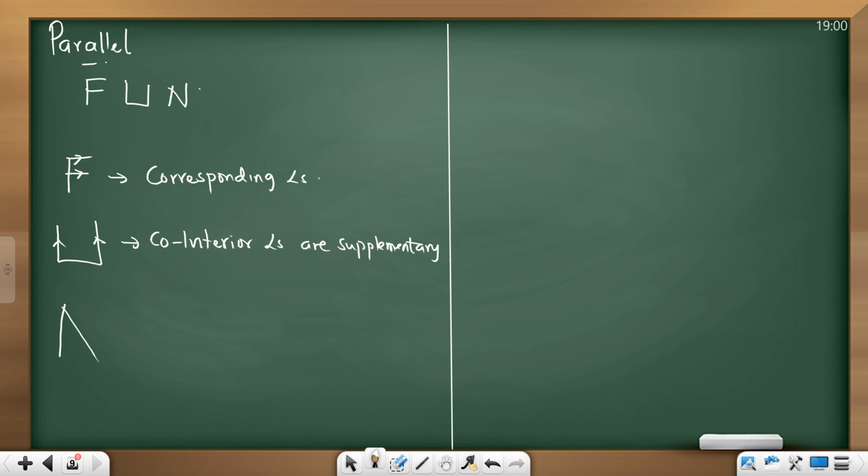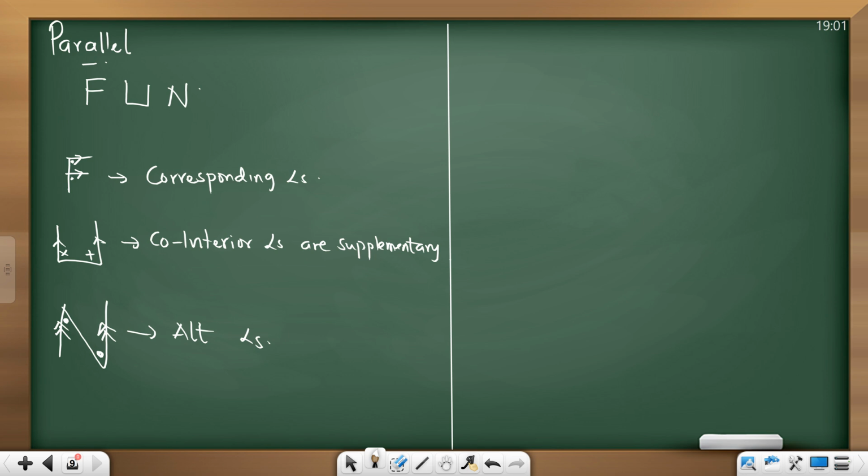And the last one? Alternate angles. Remember, your alternate angles are in the Z shape. Corresponding angles are in the F shape. Co-interior angles add up to 180. Those ones are not equal, that's why I'm using different signs. And I think that's all about parallel lines, nothing more. It didn't change from grade 8.